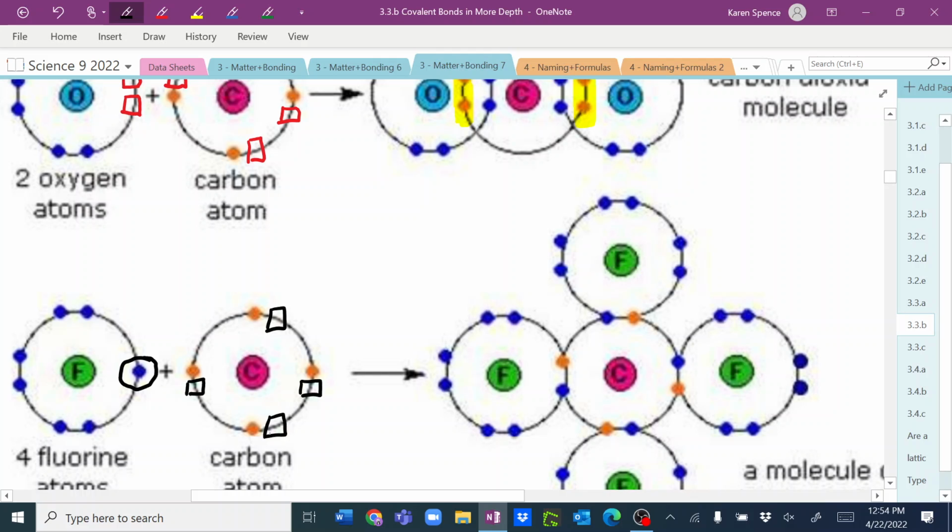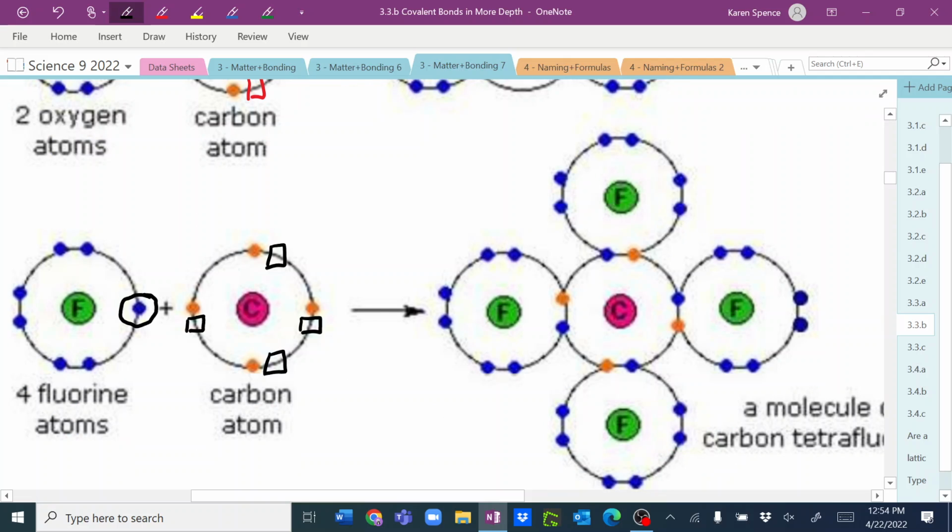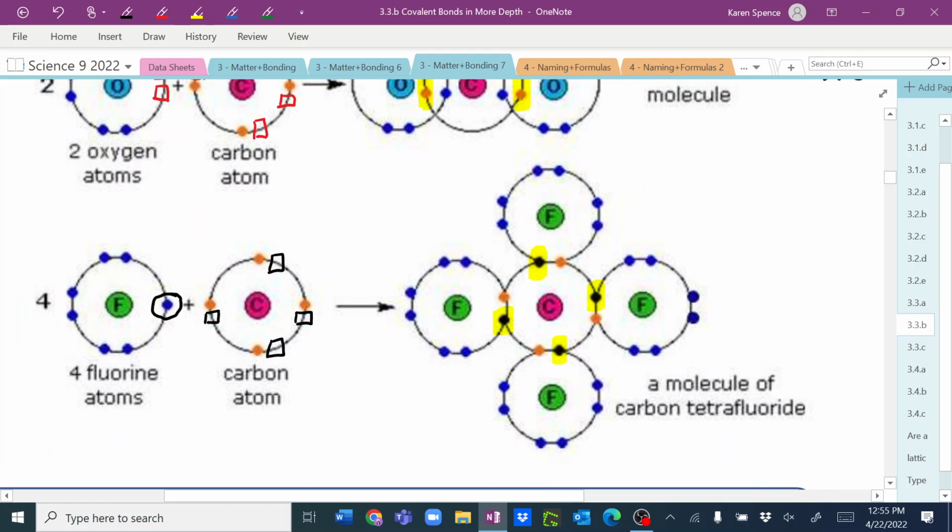So how many fluorines will you need to fill up those 4 holes? You'll need 4, right? So you've got 1 electron here, 1 here, 1 here, and 1 here. Okay? And this is a molecule, and it is of a compound called carbon tetrafluoride. Tetra meaning 4.